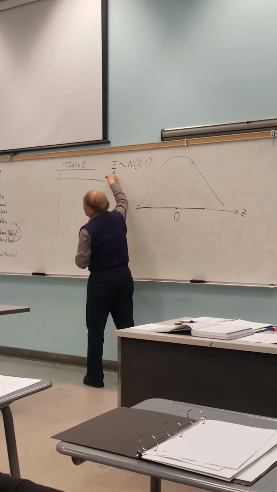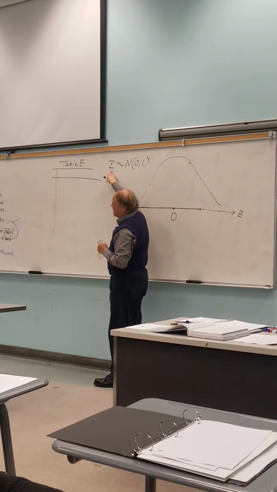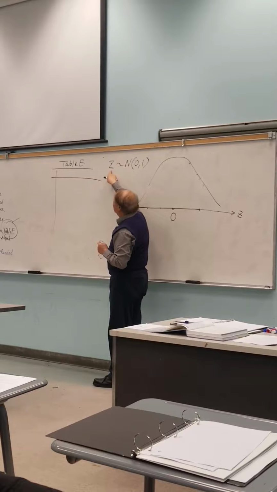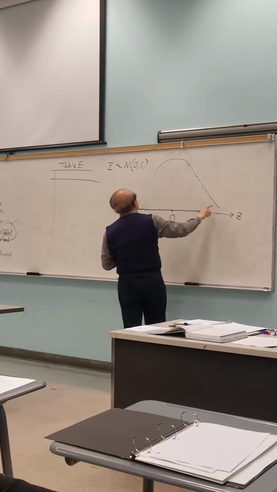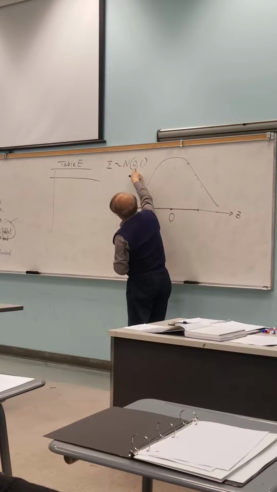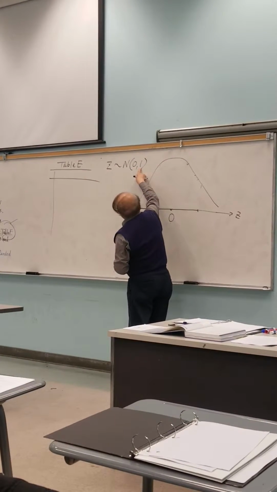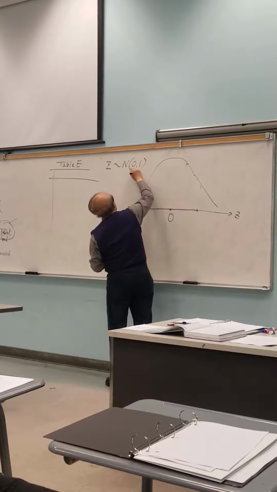Okay, repeat. Z represents what? The standard normal. What is called a standard normal? A bell-shaped distribution, symmetric at the center. The center, the mean value, is 0.